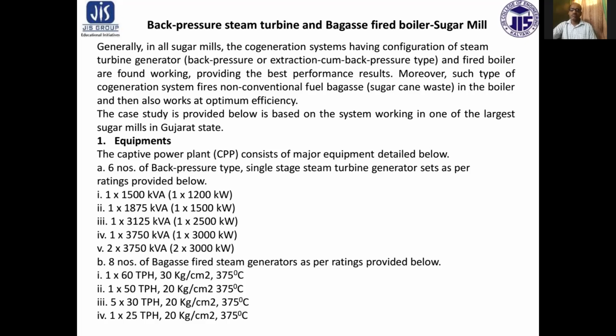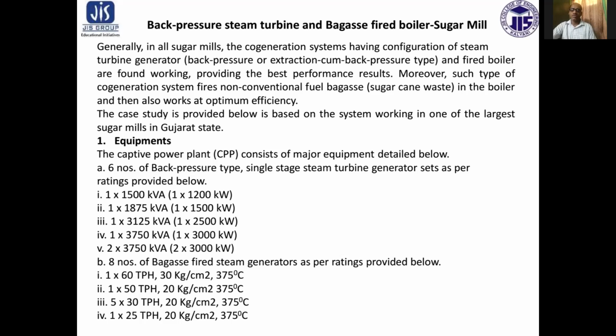In this case study, first of all, we will discuss a plant, one of the largest sugar mills in the state of Gujarat, which employs a back pressure steam turbine and uses bagasse as fuel, which is the waste of sugar cane after extracting the juice.